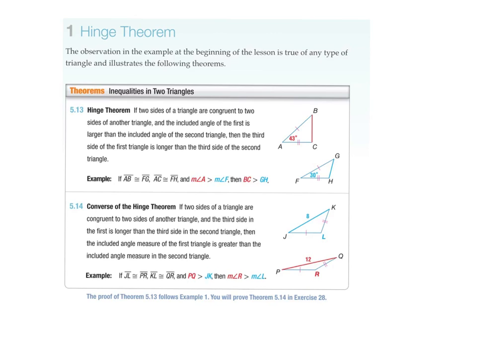Here's where you see the hinge theorem to make two triangles with inequality. If you look at what you've got here, you've actually got two congruent sides with this triangle, but because angle A in this one is greater than angle F here, then BC must be greater in length than GH.